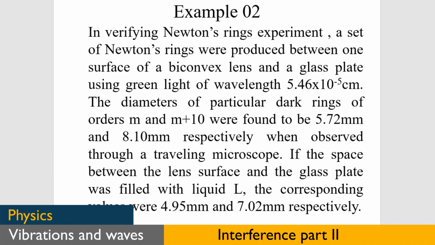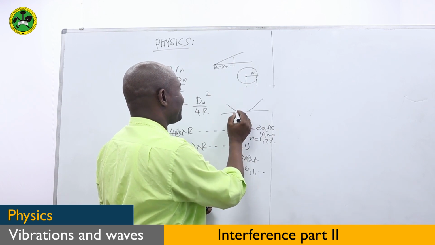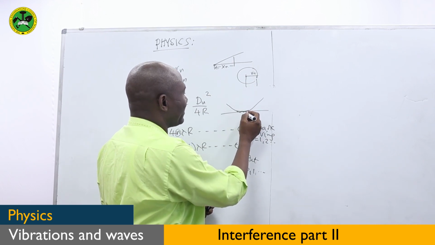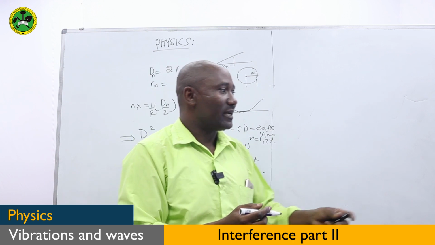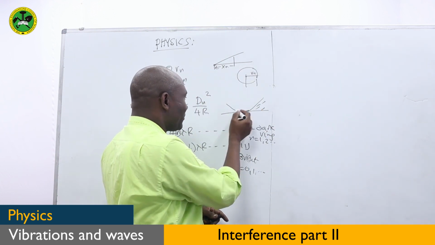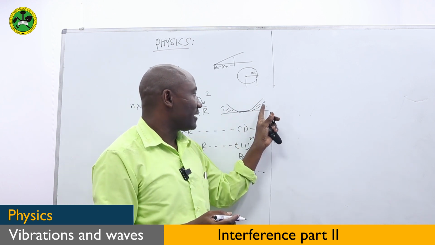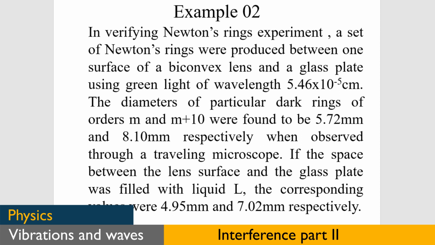Now, the information says that the space between the lens surface, if you remember, we have a lens there and the glass plate. In between, it's air now. But the space has been filled with a liquid. When you fill it in between, the medium changes.